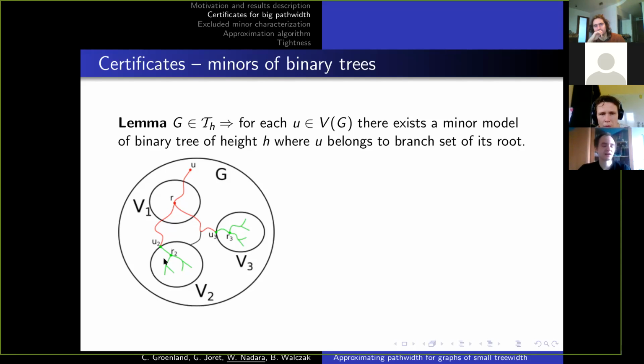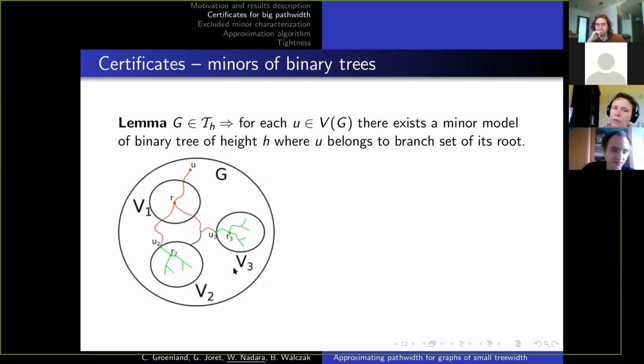And thanks to my induction assumption, for vertices u2 and u3, I can find these green complete binary trees of height h-1 within V2 and V3, where there are paths from u2 to R2, which is the root of the binary tree in V2, and from u3 to R3.